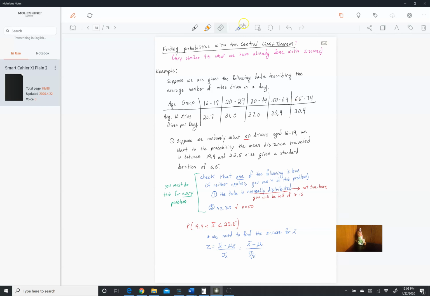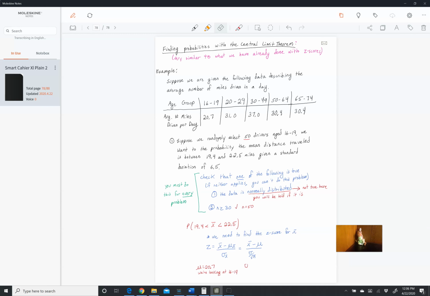So we know two things here. We know for this problem that mu is equal to 20.7. We're only looking at 16 to 19. So if we go to the chart and look at 16 to 19, it's 20.7.